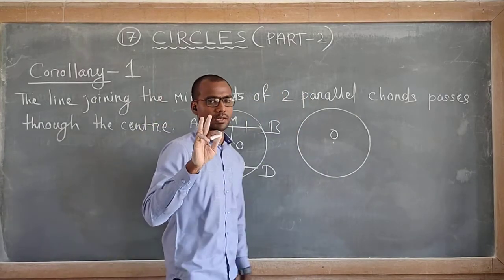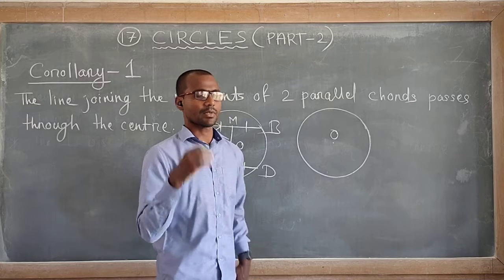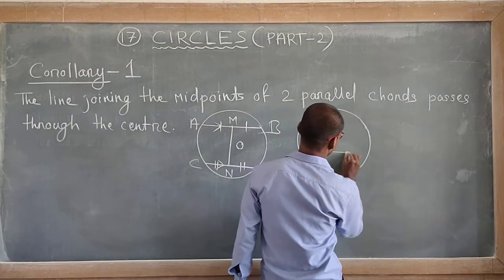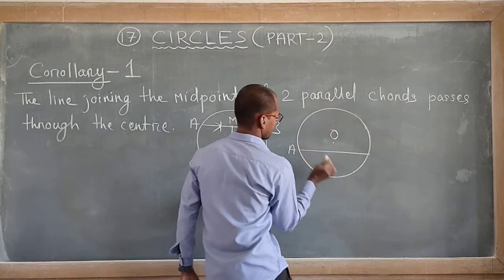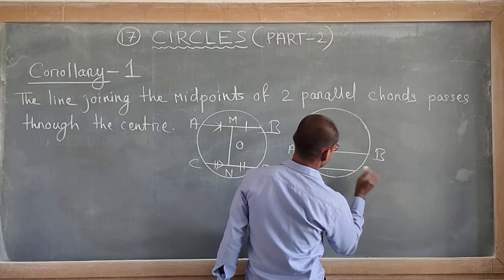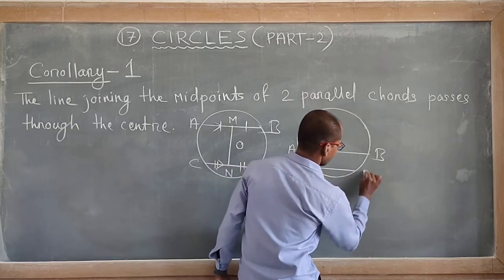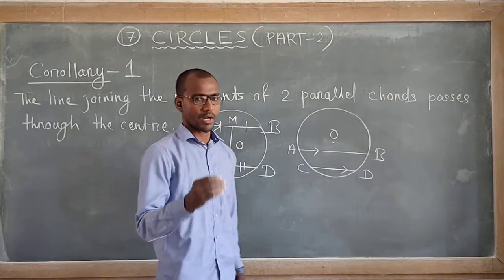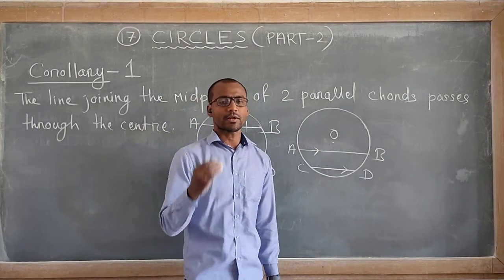Now let us draw two parallel chords which lie on the same side of the center. This is AB and this is CD. These two chords are parallel to each other and they lie on the same side of the center.